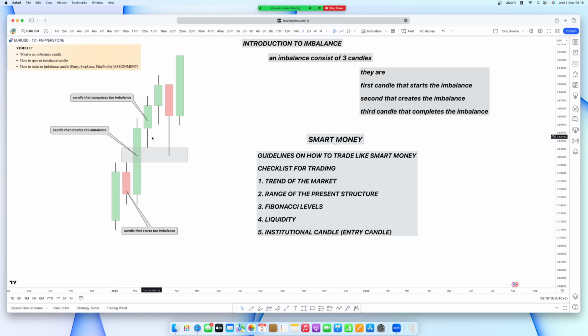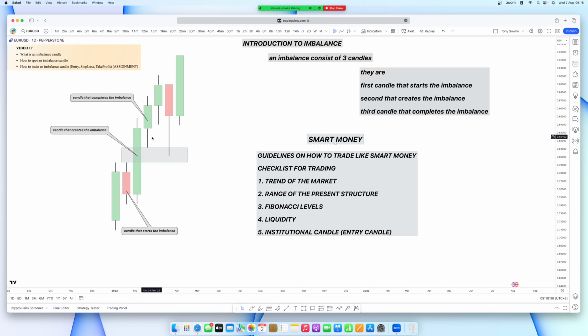What the fib does is that it's going to help you to know if you're buying at the discount area or if you're selling at the premium area. Now you have your range, you have your fib. Now you're going to be looking for buying opportunities at a discount.